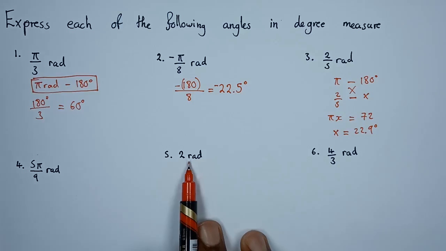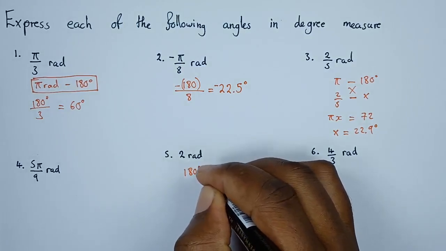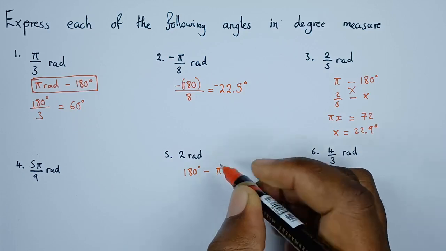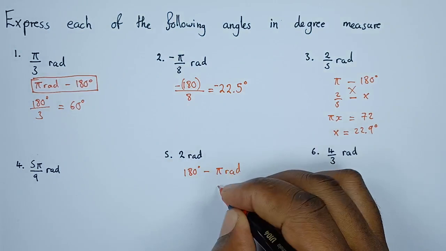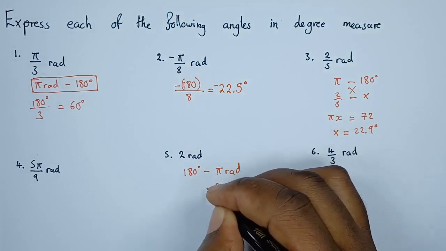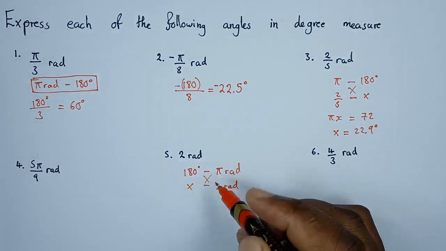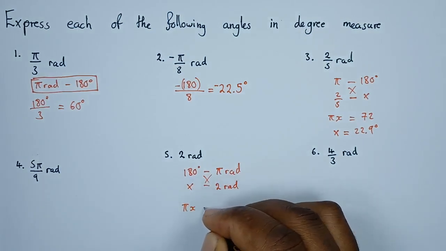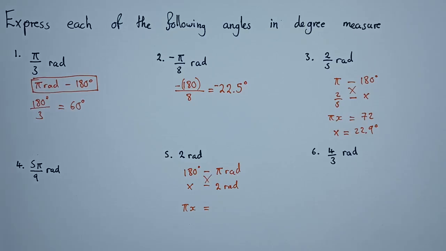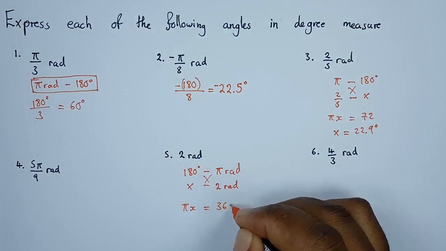Let's apply it here as well. We can say 180 degrees is equivalent to pi rad. The radian that we've been given is 2 rad, and we want it in degrees. Again, we'll cross multiply. x times pi gives pi x, which is equal to 2 times 180, that is 360.